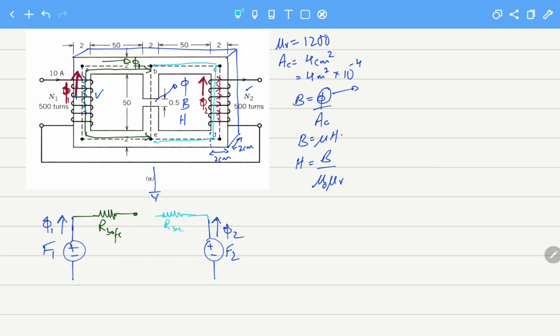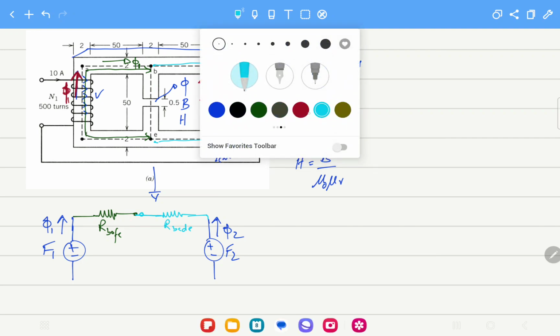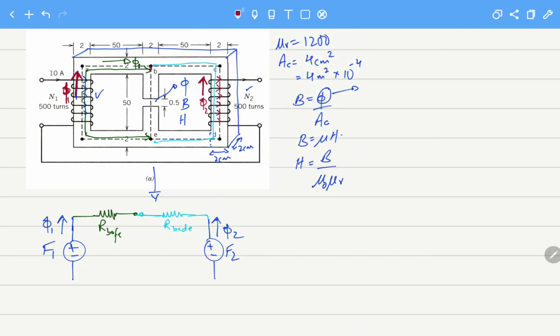This is reluctance BCDE. And from this point, which I will show in red color, from B to E, number one, we have a core. So we have the core from B to E, we can call it RBE. And then we also have the air gap, I can call RG.